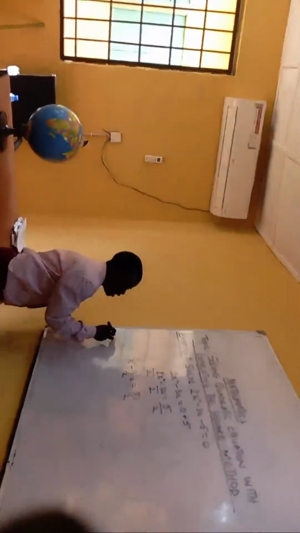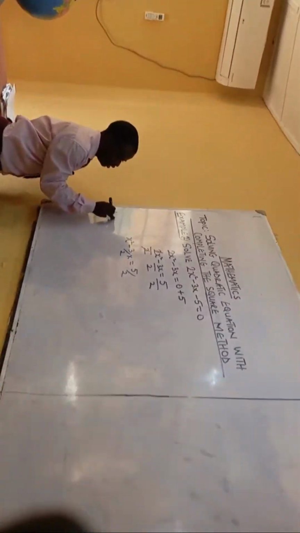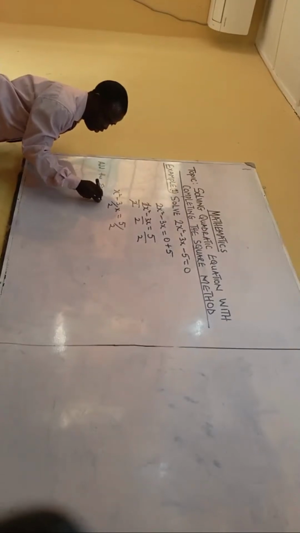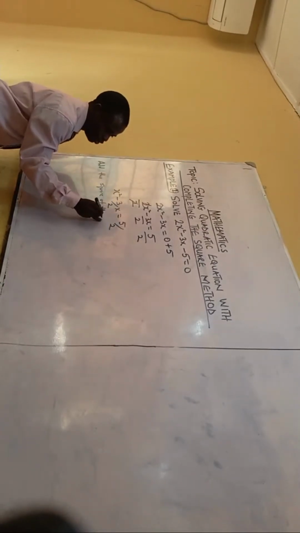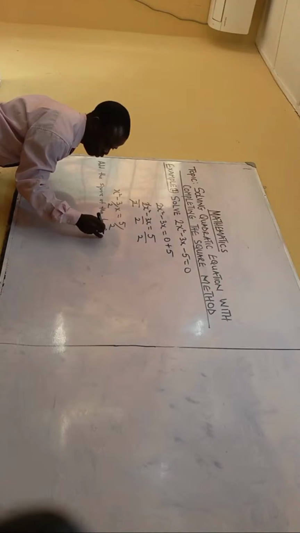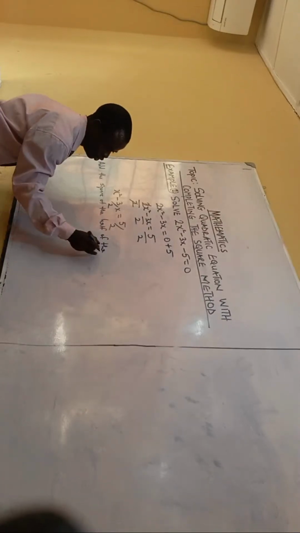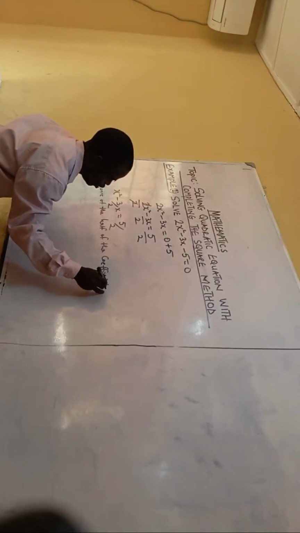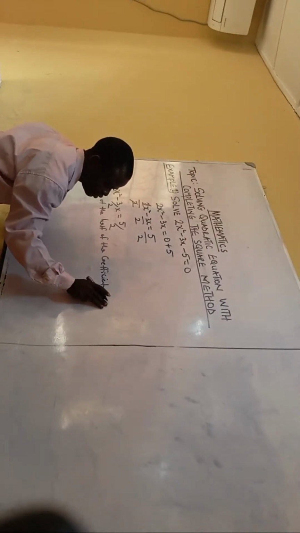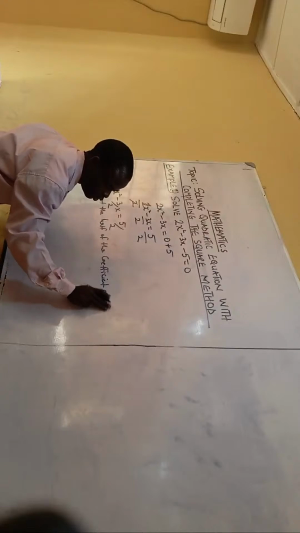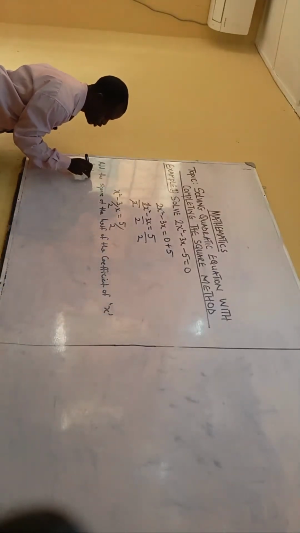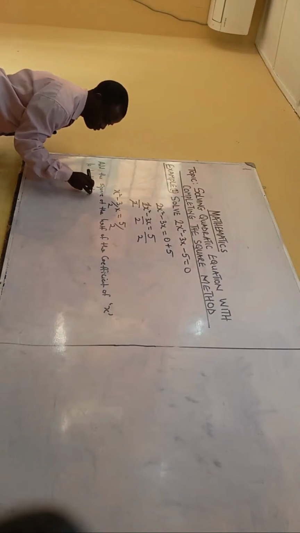Good. Now from here, add the square of the half of the coefficient of x to both sides.